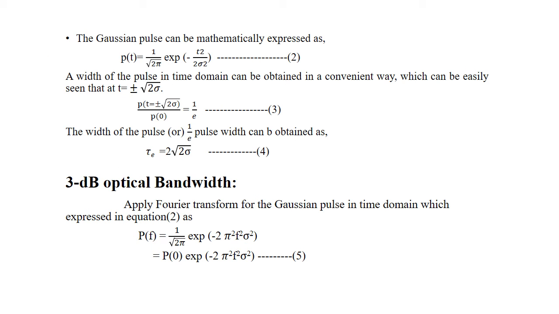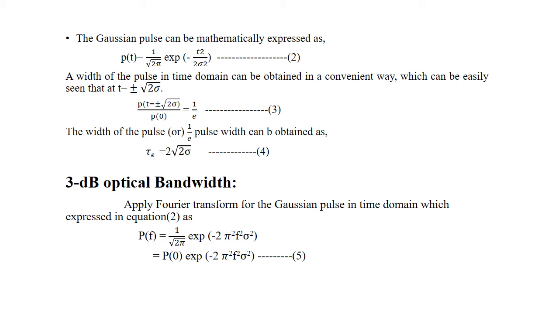Here we are going to see the Gaussian pulses. Consider an optical channel that disperses the optical pulses to a Gaussian shape with a variance of sigma squared, which is equivalent to an RMS width of sigma. The Gaussian pulse can be mathematically expressed as P of t is equal to 1 divided by root 2 pi exponential of minus t squared divided by 2 sigma squared.